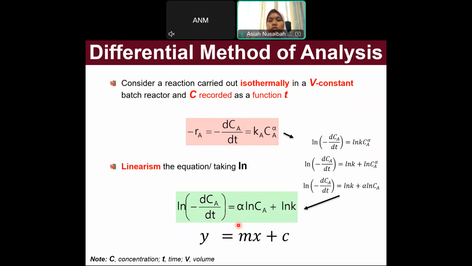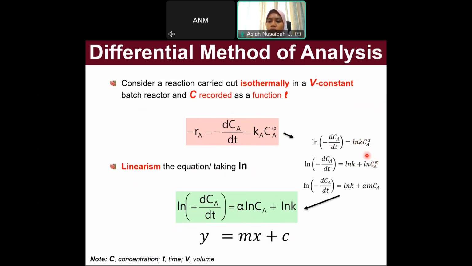How do we do that? We add the term ln on both sides of the equation. On the left-hand side, we get ln of minus dCA over dt, and on the right-hand side, we get ln of kCA alpha. We can expand the right term: ln k plus ln CA alpha.